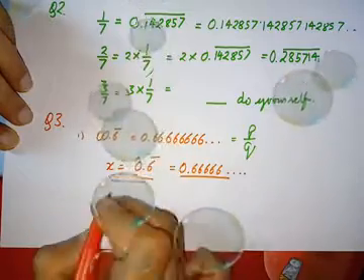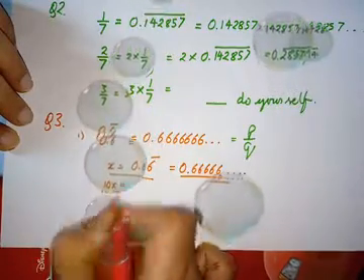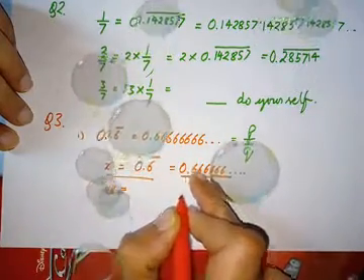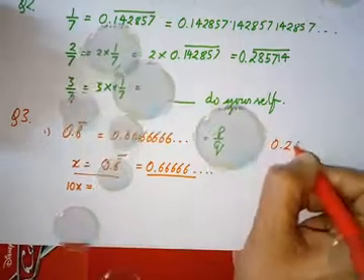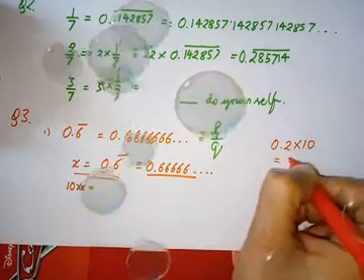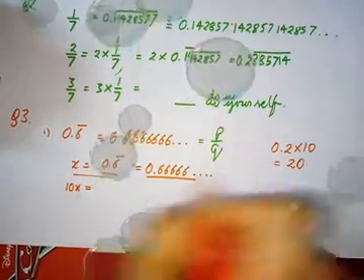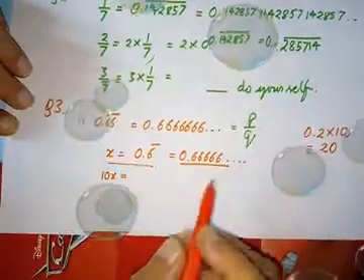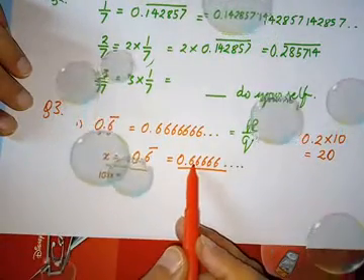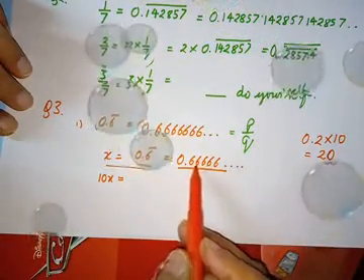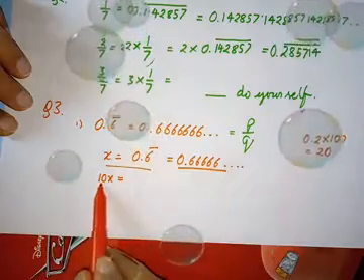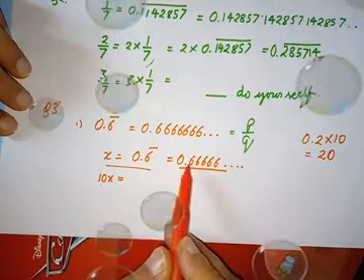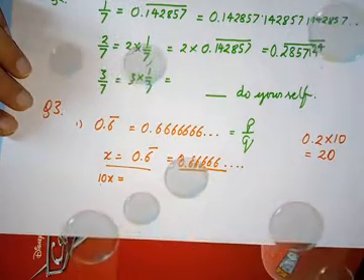Now what do I get? The left hand side becomes 10x. Now here, suppose 0.2 is multiplied by 10, what do you get? 2.0. So same here, the decimal goes to the right by one jump, because 10 is there, or the value of this number increased 10 times.